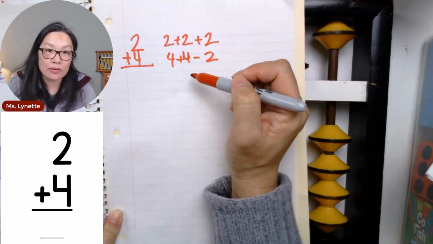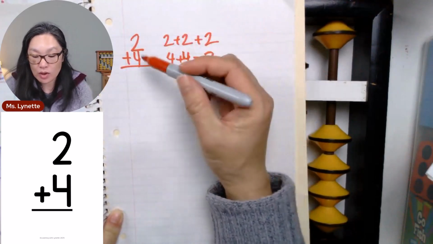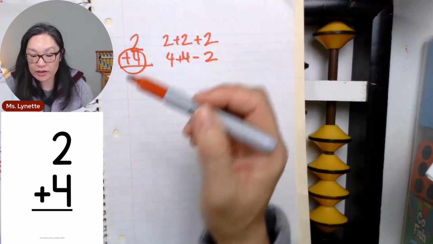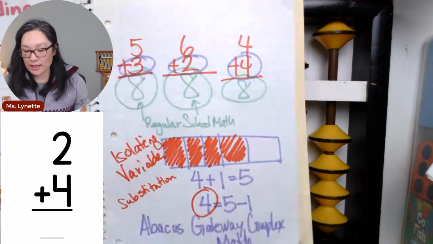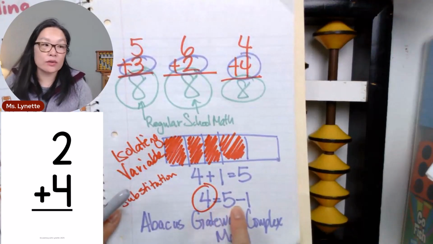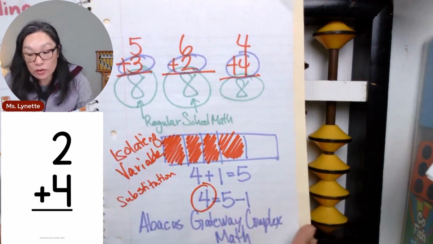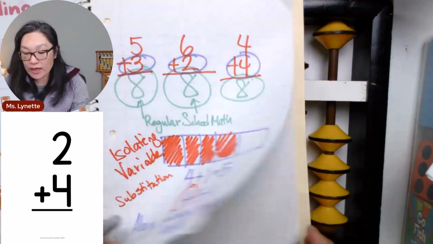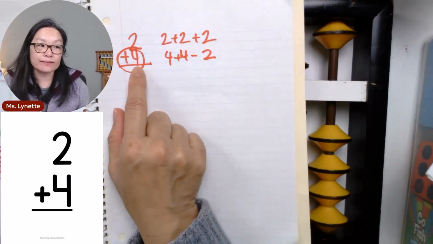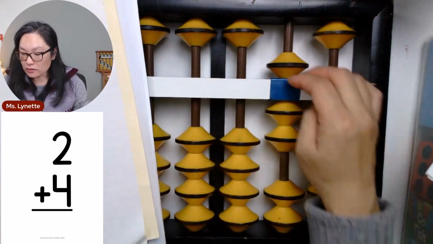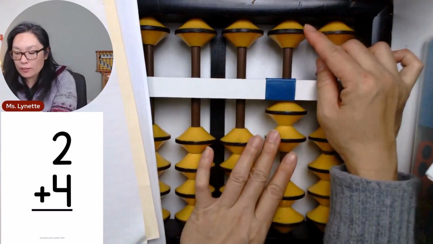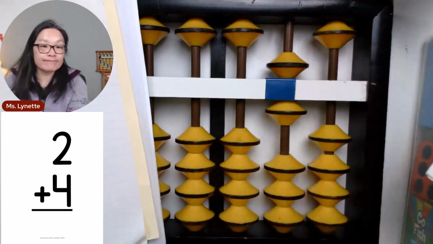You could learn your doubles. It's a little cumbersome. Or what we could do is we could just understand the process, which is plus the 4 is equal to plus the 5 minus 1. So when we learn that, we can utilize this 4 anywhere. So what does that look like? Well, we have 2 and then plus the 5 minus 1. And that's it.